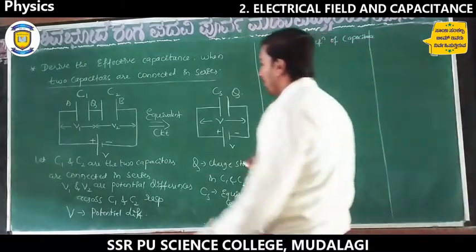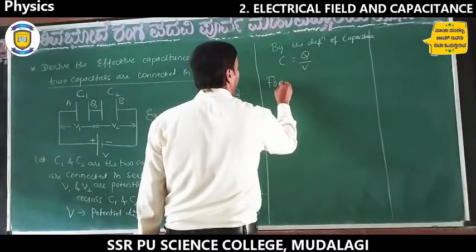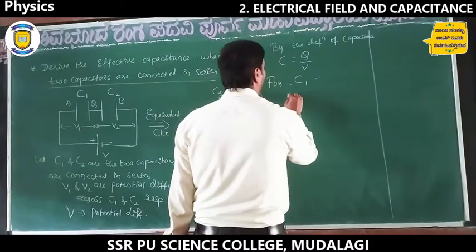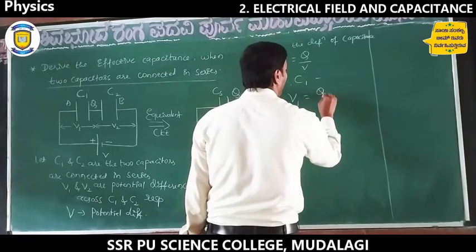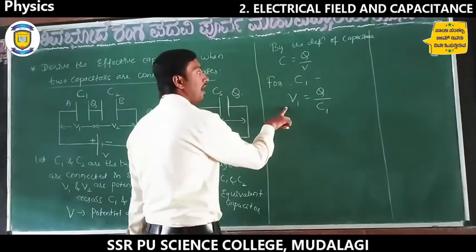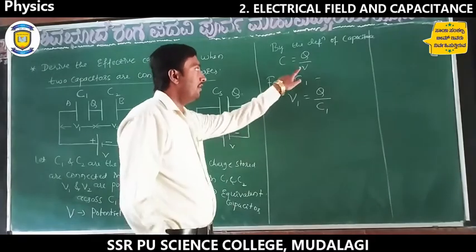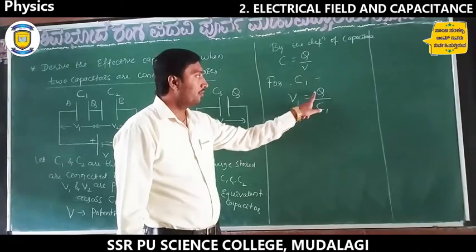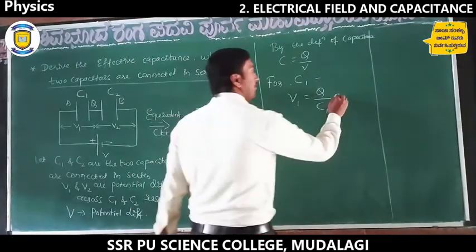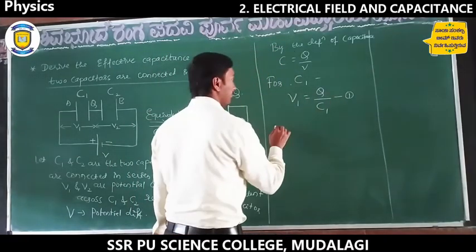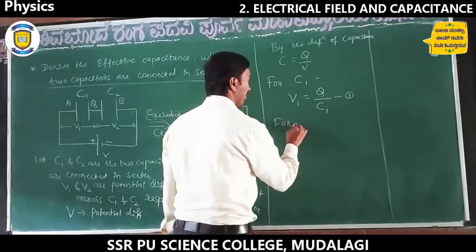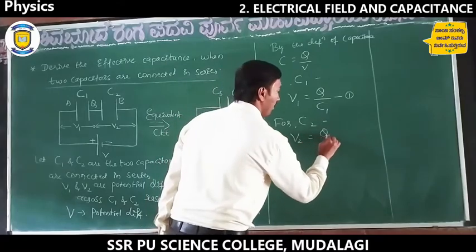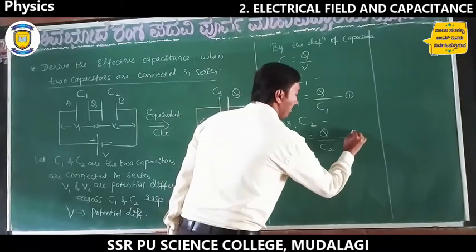So for C1, V1 is equal to Q by C1. I am just rearranging the equation: V is taken this side, C is taken this side. So V1 equal to Q by C1. This is equation number 1. For C2, V2 is equal to Q by C2. This is equation number 2.